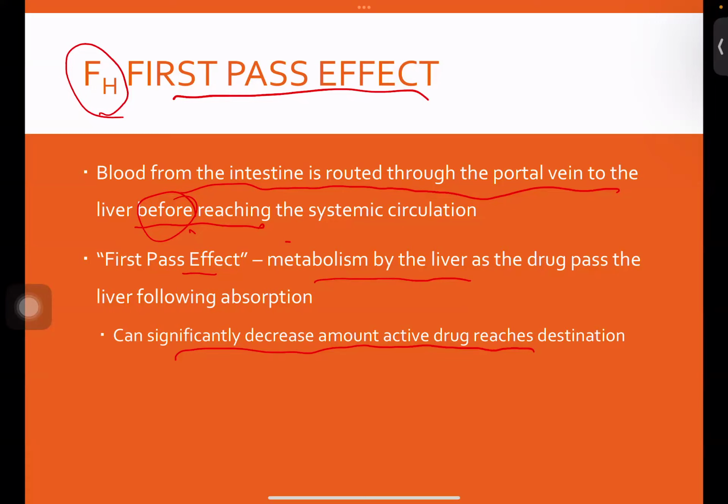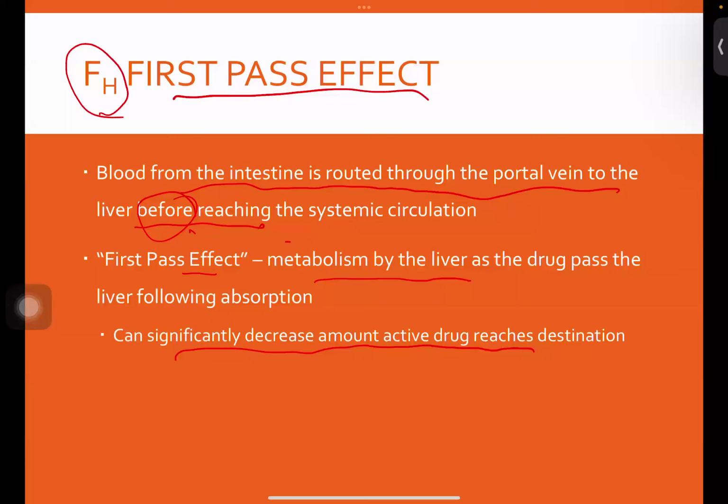Or again, if you work in hospitals, you might notice that the doses of some oral drugs are much greater than the IV doses that we give. So anybody work in a hospital? What is the usual dose of verapamil IV? 5, 10, 20 milligrams, right?